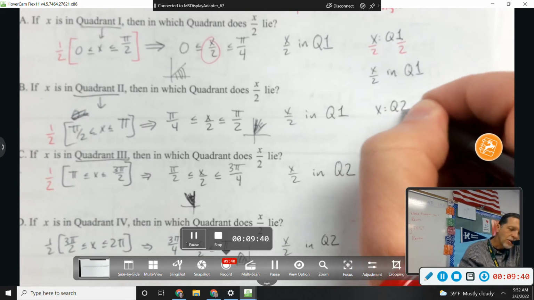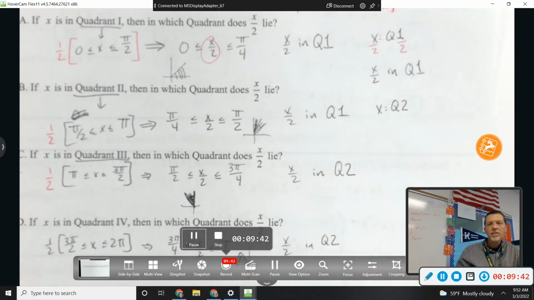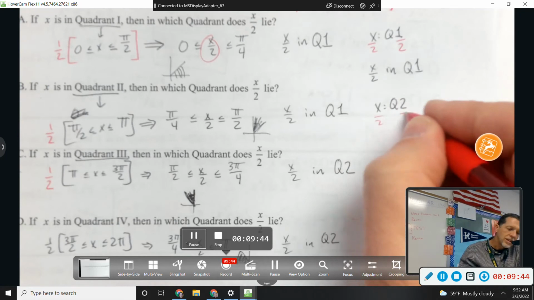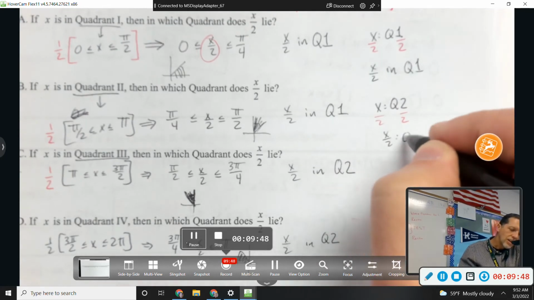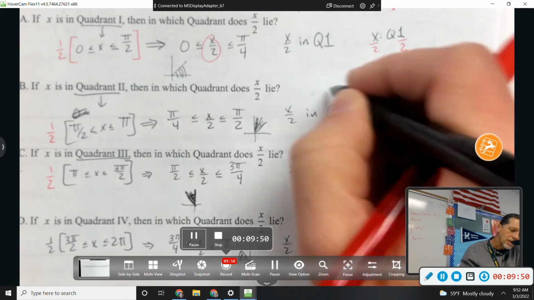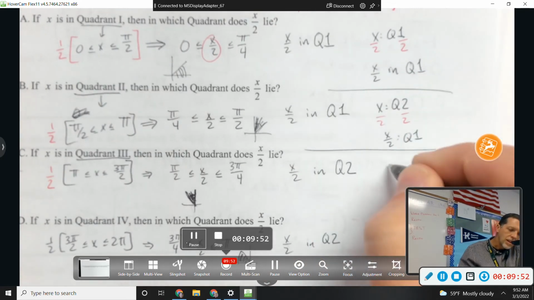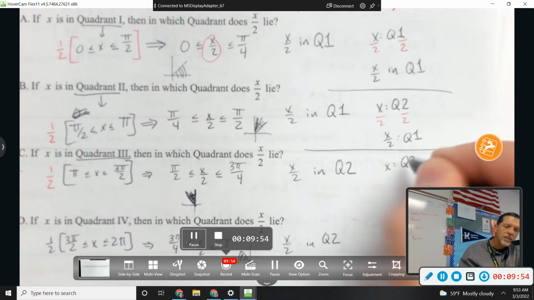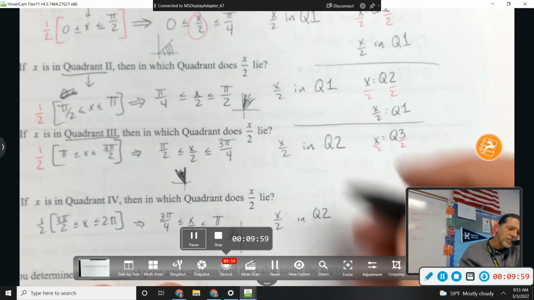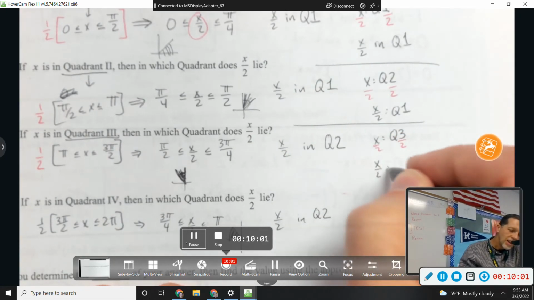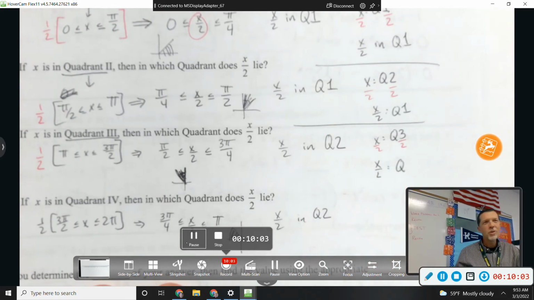If x is in quadrant 2, this one works really well, then x over 2 is in quadrant 1. As long as you know how to round, it works. If x is in quadrant 3, then x over 2 is in quadrant 1.5, which doesn't really make sense, but 1.5 rounds to 2.